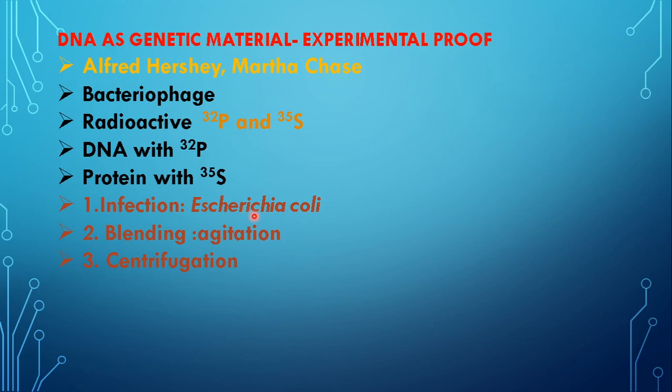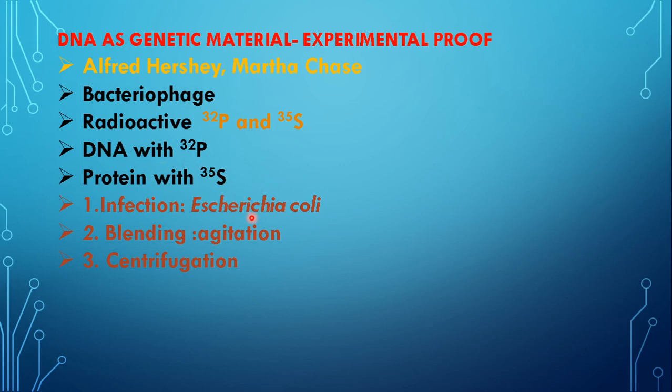In the first step, infection, the bacteriophages infected Escherichia coli. During that infection process, one part of the bacteriophage, it might be the DNA or it might be the protein, entered into Escherichia coli.